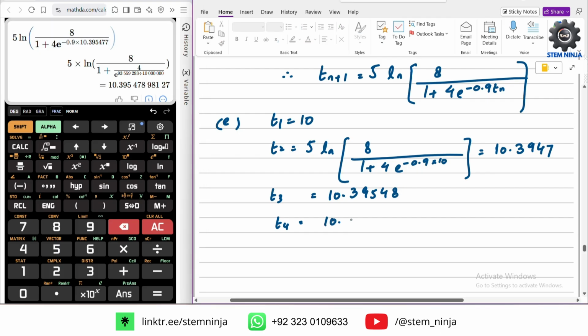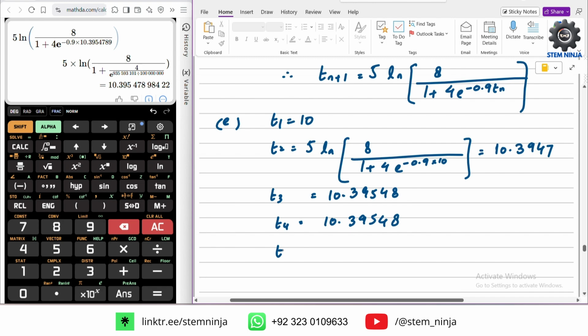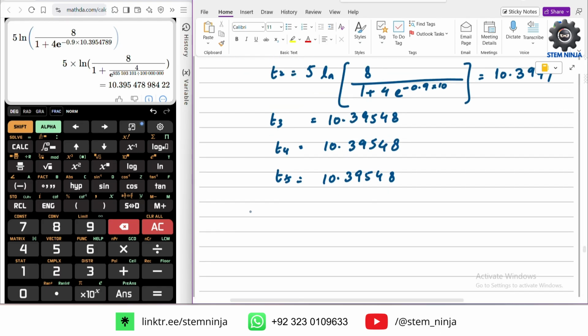Then you get 10.395478, that is 8. Okay, then we do 4789, 789, we get 10.3954. So basically the values are becoming stagnant, so therefore m is 10.3955.